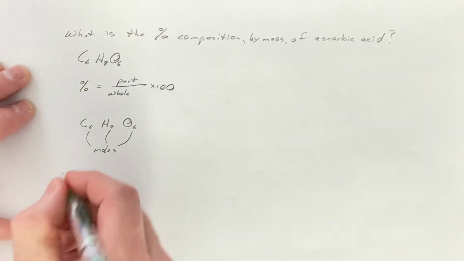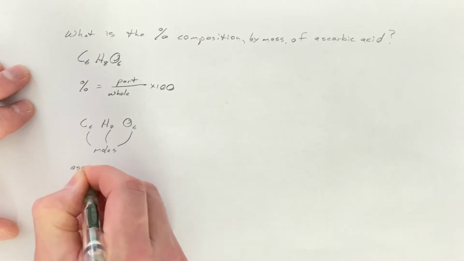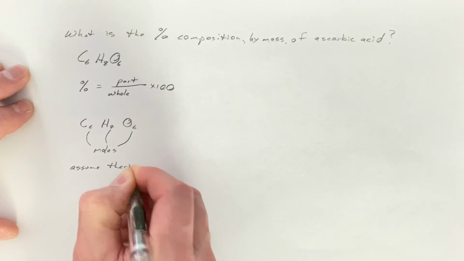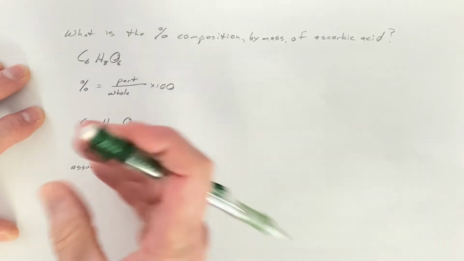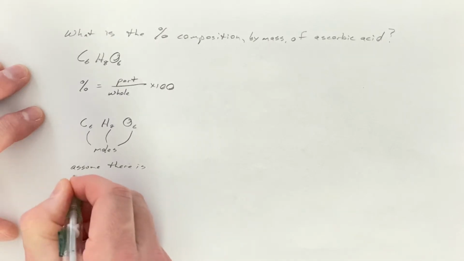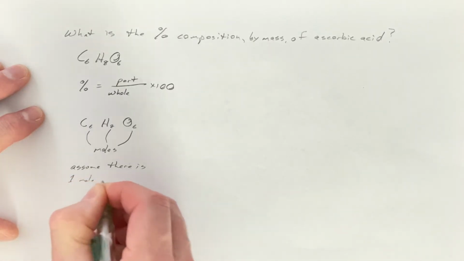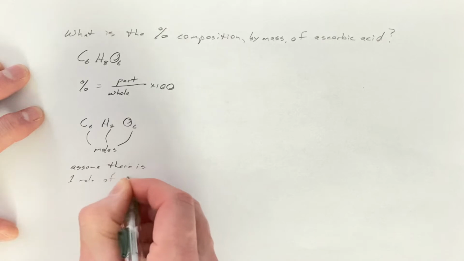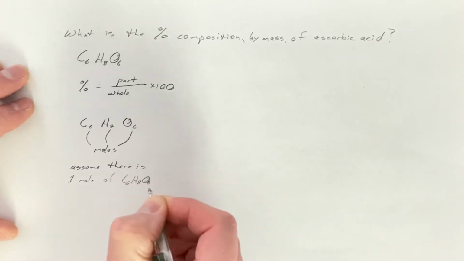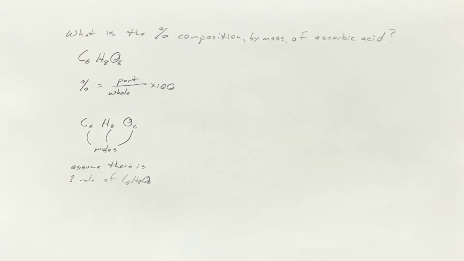We shall assume there is one mole of C6H8O6, or put differently, we shall assume that there is 1 mole of ascorbic acid.